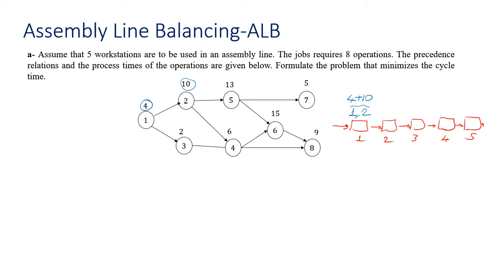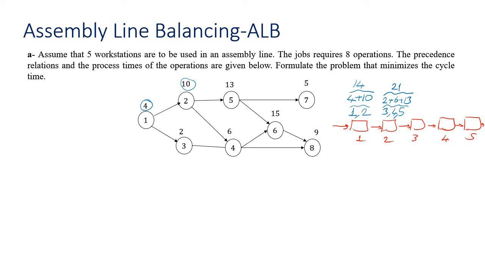Then, for example, the third operation can be assigned here, and the fourth operation can be assigned here, and the fifth one also can be assigned here. In this case, what do we have? The total time will be 2 plus 6 plus 13. So the time of the first workstation in total is 14, and the time of the second workstation is 21.